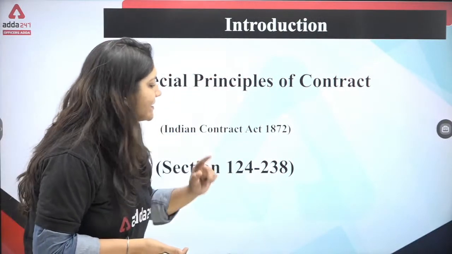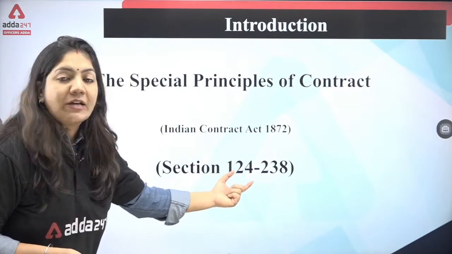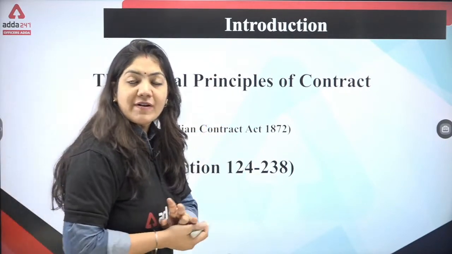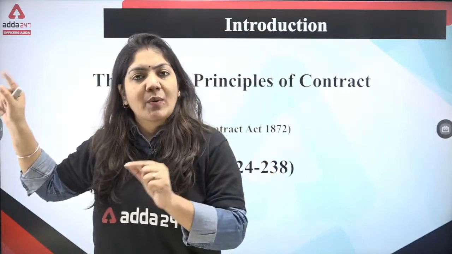As you can easily see, sections 124 to 238 tell about the Special Principle of Contract, and sections 1 to 75 cover the General Principle of Contract.